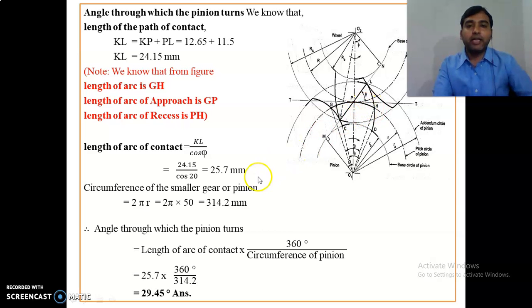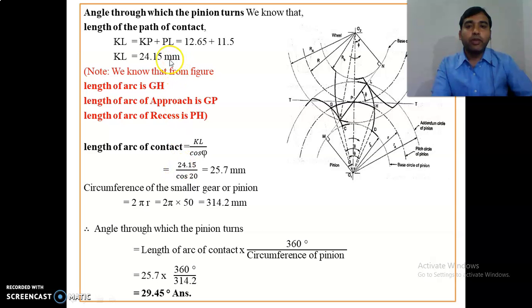Okay, so we want to find the next parameter that I will show you. The length of arc of contact has the formula KL, that means length of path of contact, upon cos phi.